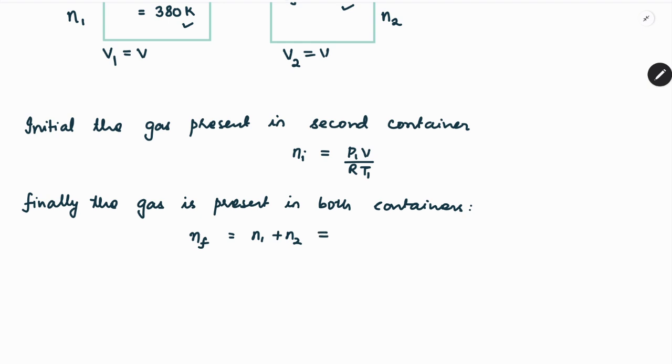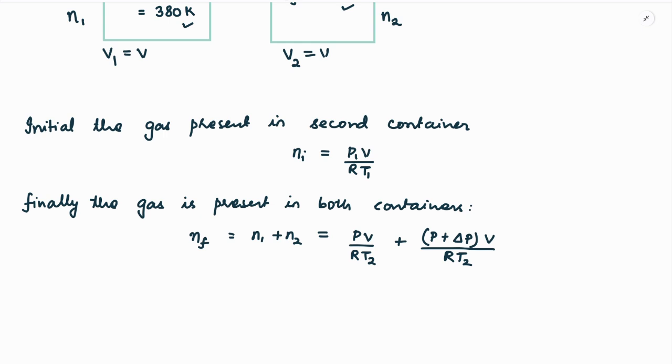So if we write N1, we write it as PV by RT2, this time the temperature being equal to 107 degrees Celsius or 380 Kelvin, and in the other chamber the pressure is P plus delta P, so N2 is P plus delta P times V by RT2. Temperature in this chamber is also equal to 380 Kelvin.